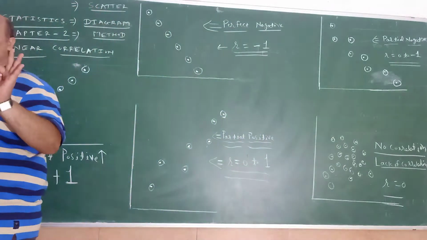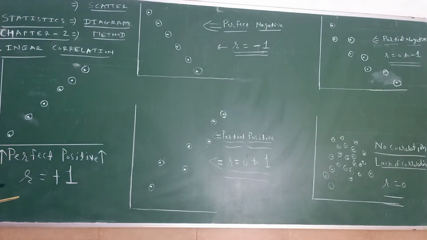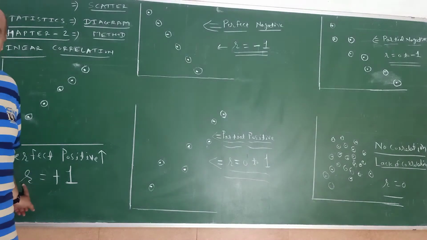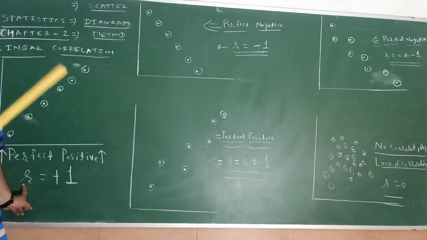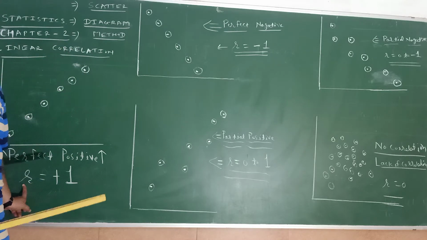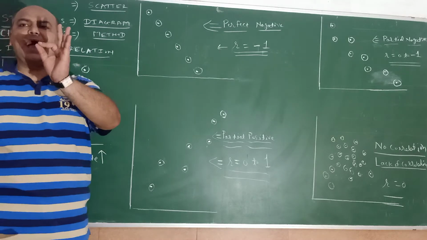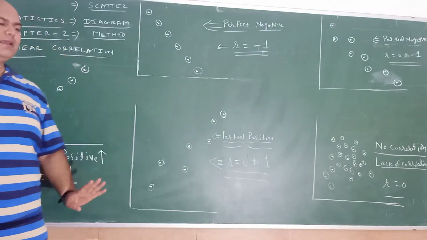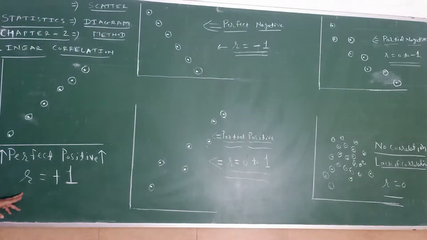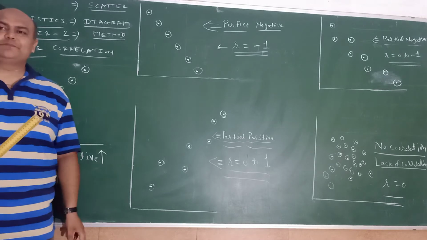In perfect positive correlation, the value of r, the correlation coefficient, is called r. Like in the previous chapter, for index number we used capital I, similarly in correlation, for the correlation coefficient, we use r. So the answer of r is +1 in perfect positive correlation.